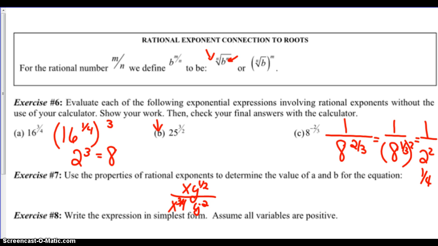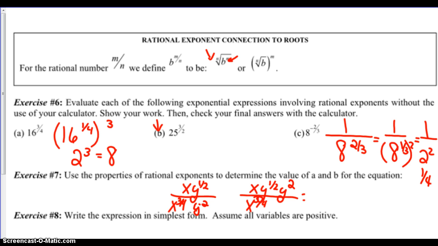All right, so we're going to use the properties now to help us out with this very last one. And I have, looking through x's and y's, and they want to find out the values of the exponent a and b. So going through, everybody seems happy except the y squared. So I'm going to go ahead, rewrite that, and move that up to the numerator, and now it will be happy. Then I'm going to use the rules that if I am multiplying the bases, I'm going to add the exponents.